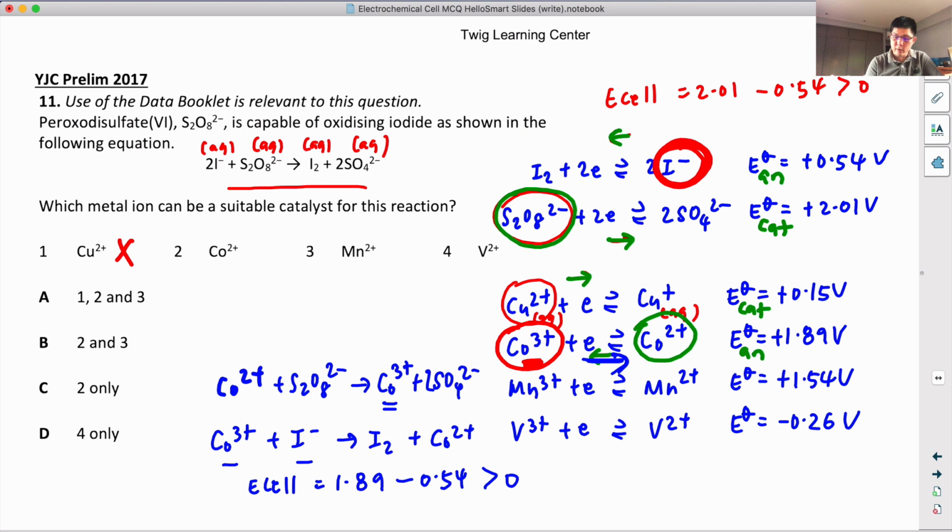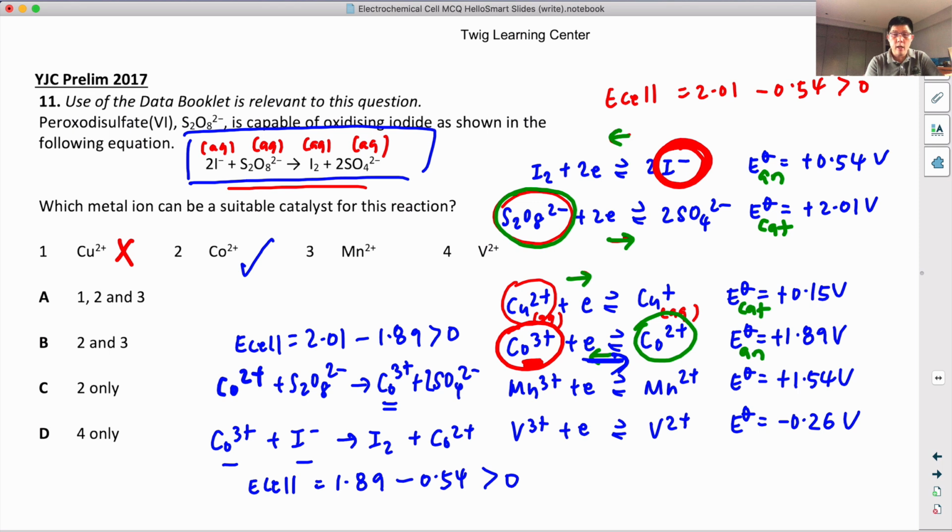Okay, and the first one just now, the E cell for this one was 2.01 minus 1.89, which is also positive. So which means cobalt 2 plus is a suitable catalyst, right? Okay, so actually the trick is this. There's a shortcut to doing a question like that. You take this equation and break it up into two half equations, as you can see from here, 1 and 2, which you can get from your data booklet.